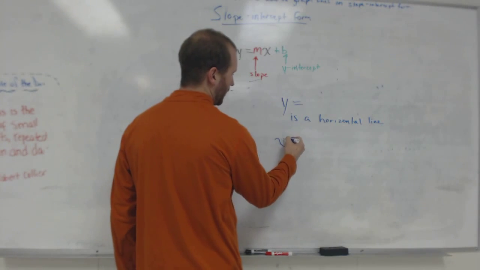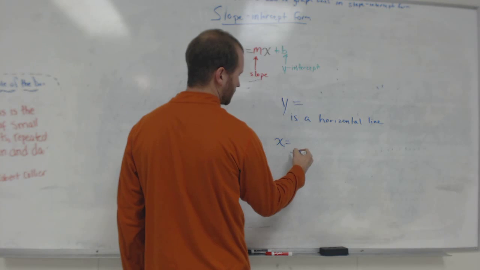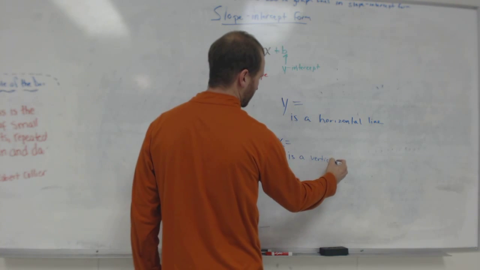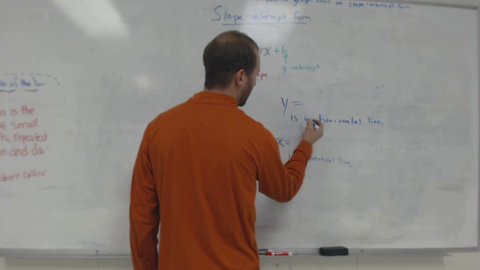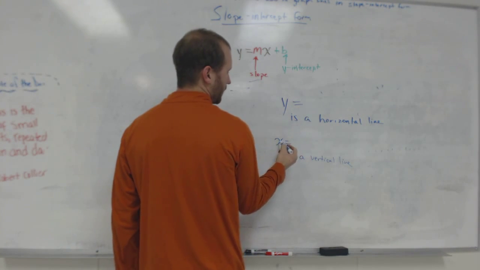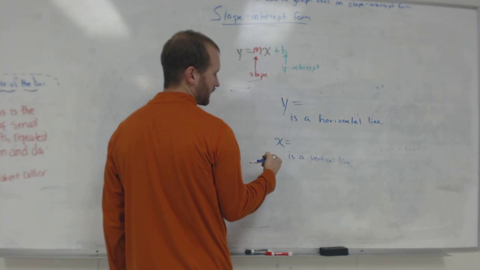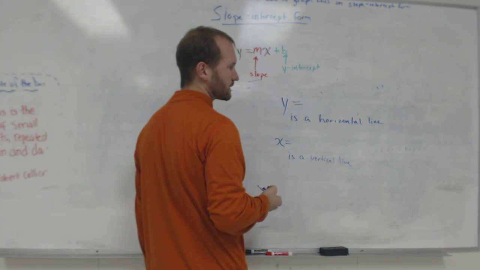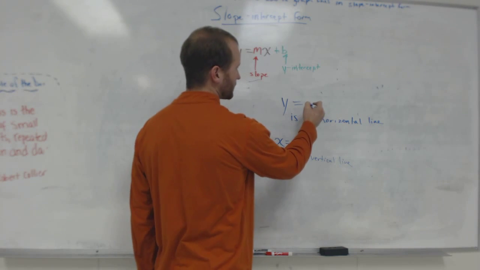X equals is a vertical line. And when I say y equals, I mean y equals a number, and when I say x equals, I mean x equals a number, because this would be different if it said like y equals x.